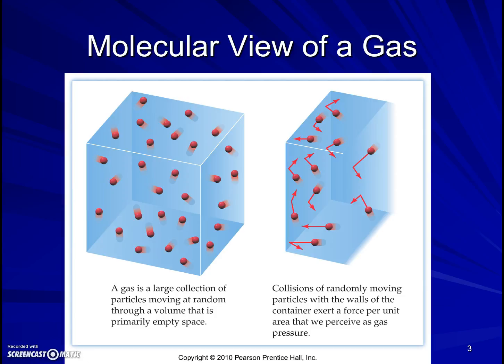Molecules take up far less than 1% of the space in a container that they're in at normal pressures. And so if we were to compare gas molecules to the size of a normal size container, the molecules would be much, much smaller than that compared to the space between them.